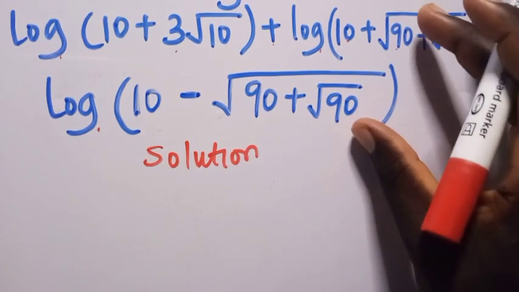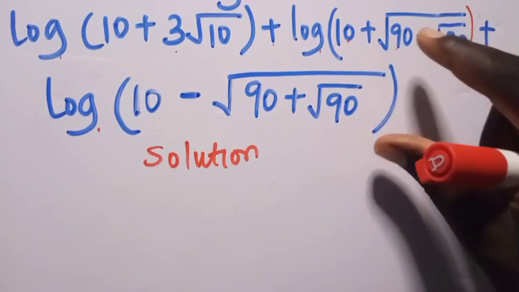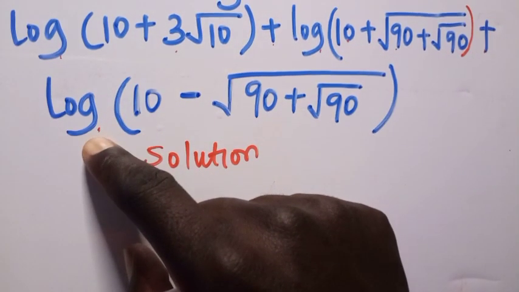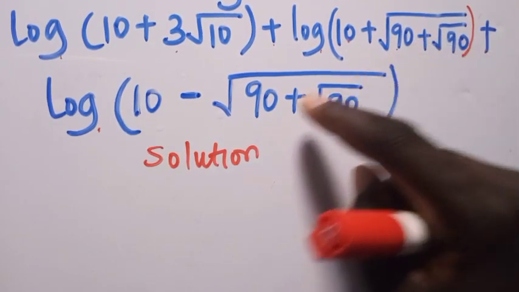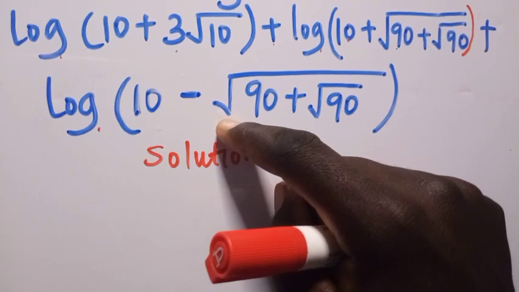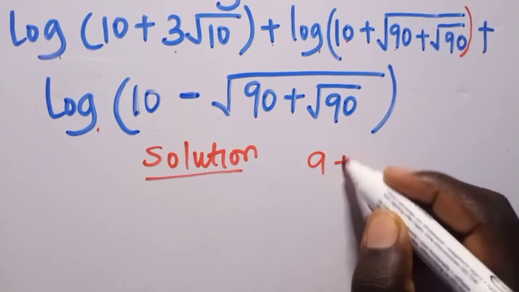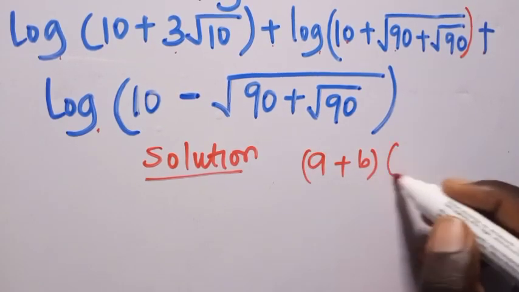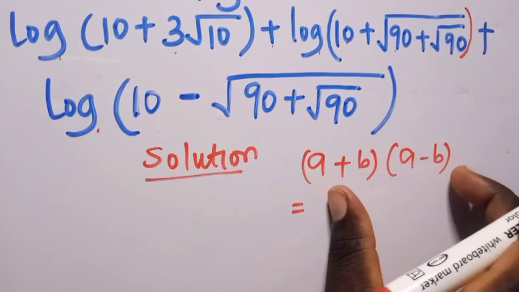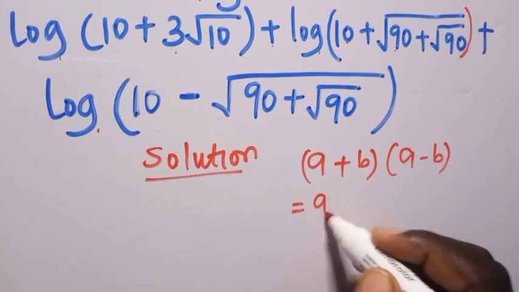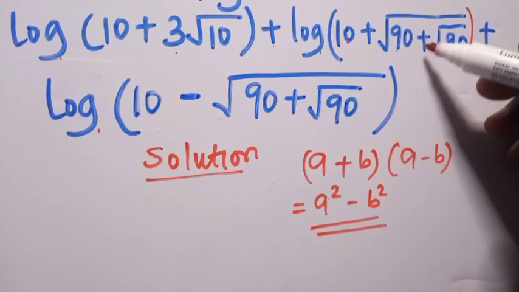So if we multiply them, it is a difference of two squares. For example, given (a plus b) times (a minus b), if you expand this, you obtain a squared minus b squared. The same applies to this one and this one.